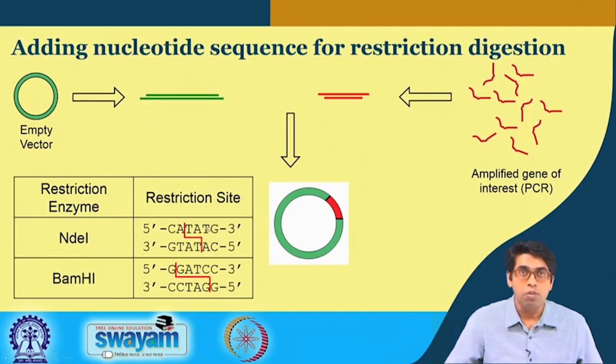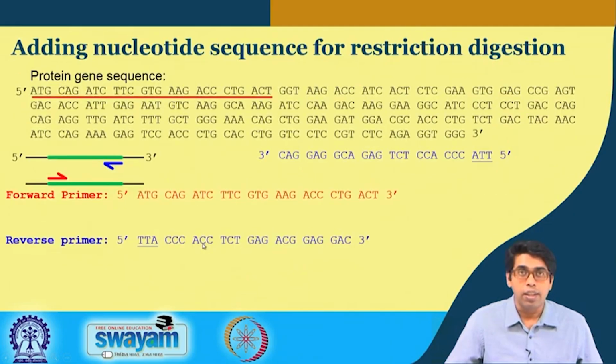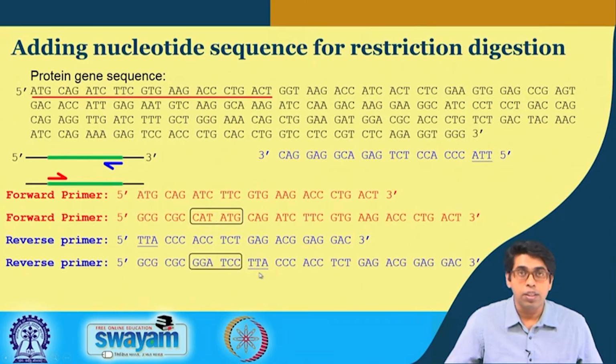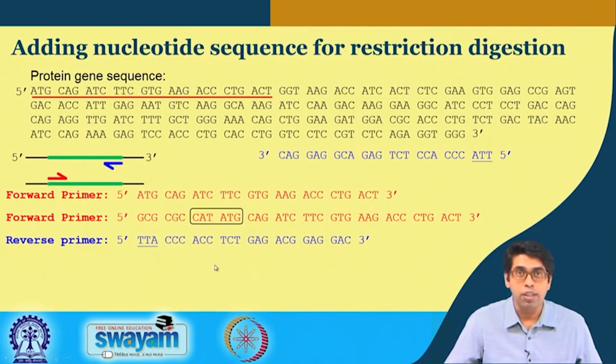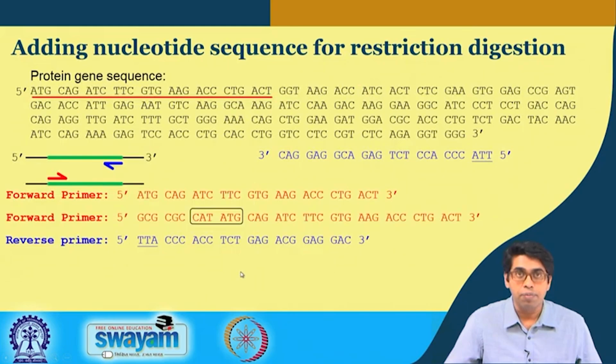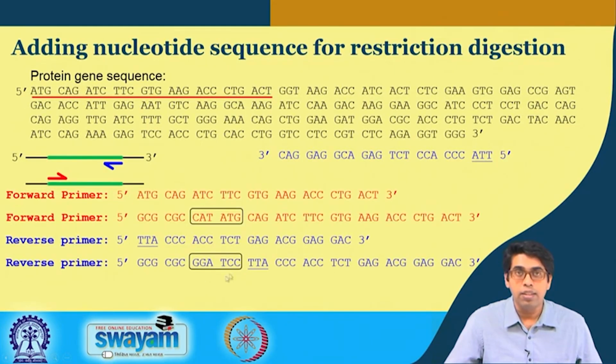So, we have the NdeI restriction site in our forward primer. Similarly, for the reverse primer we are using the other restriction site. Again, from TTA to GAC is the same, and we have added these two sequences which code for the other restriction enzyme, which is BamHI, GGATCC, and then again we have these extra sequences.